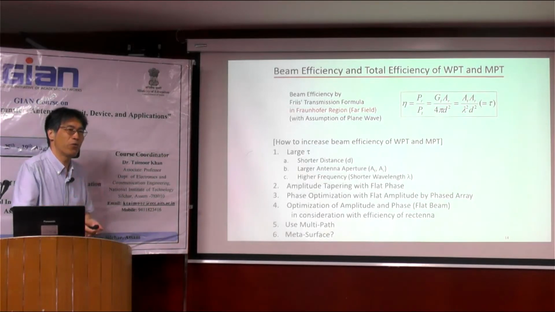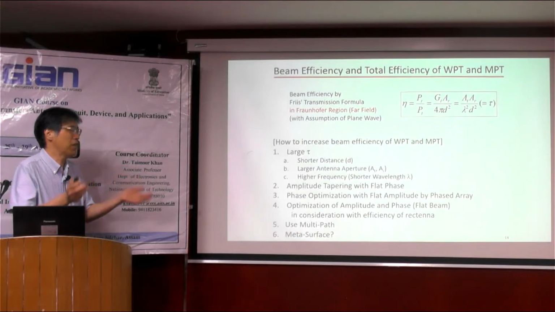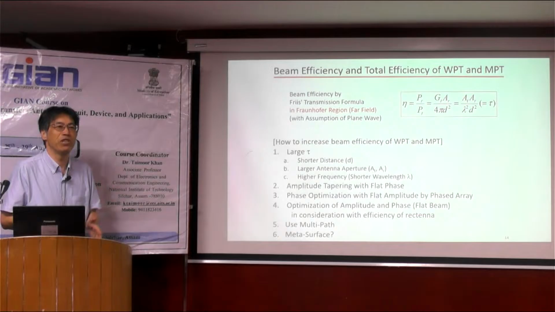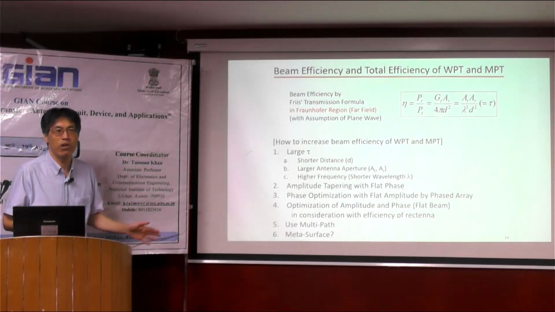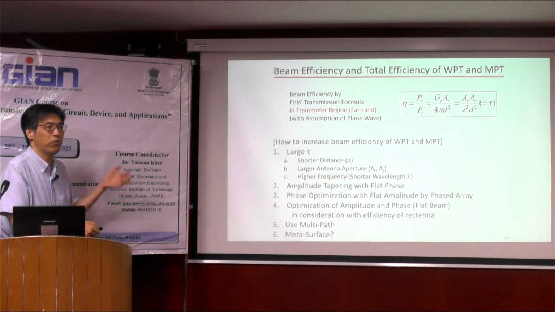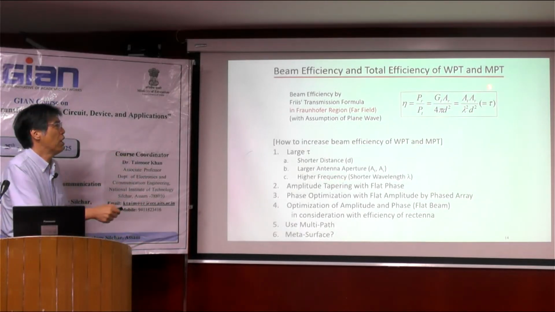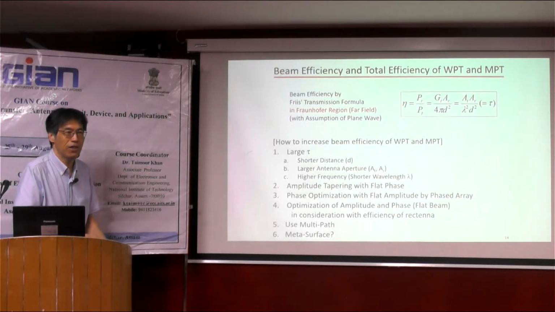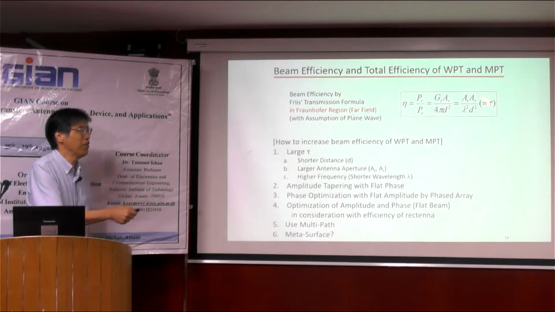But unfortunately, we need a larger antenna, even in the microwave frequency. And most important, when we increase the frequency, at last we can increase the beam efficiency or the receiving power. That's all how to increase the beam efficiency in this case.